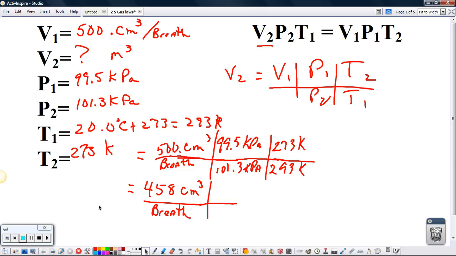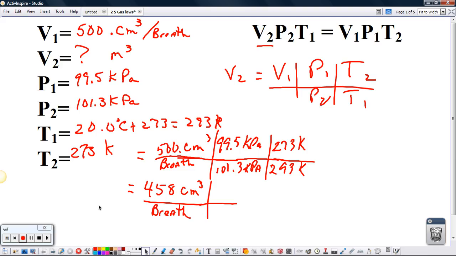What is the volume in cubic meters and per day? I have breaths and I have centimeters cubed. That's the amount that moves in and out of my lungs at 20 degrees C and 99 kPa. Okay? So, that's every breath.